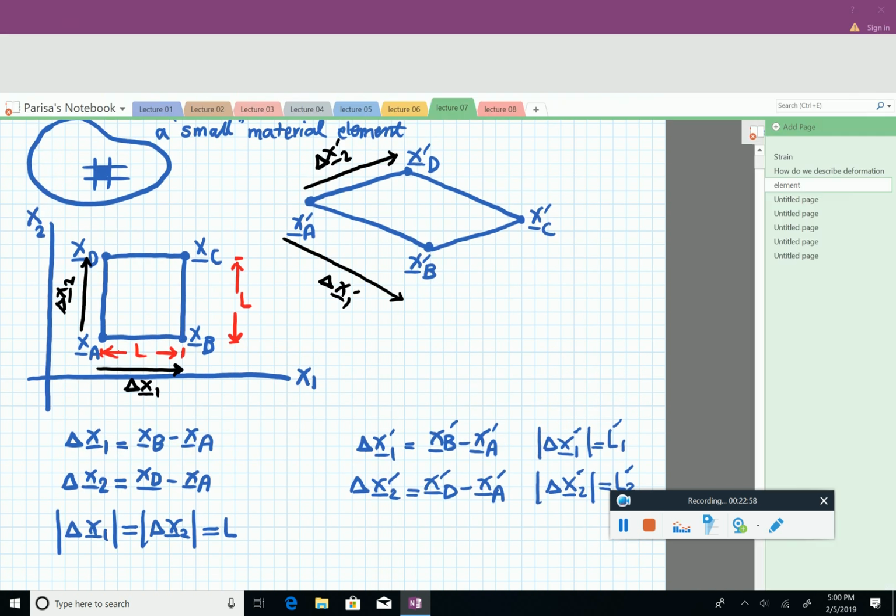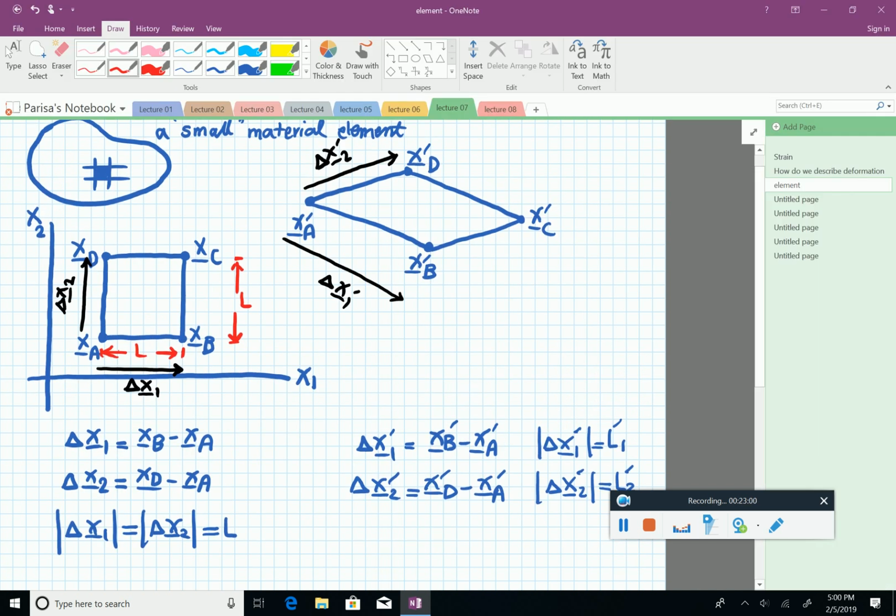And so this length is basically L1 prime, and this is L2 prime. Okay.